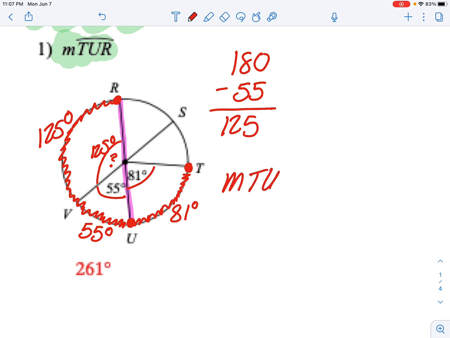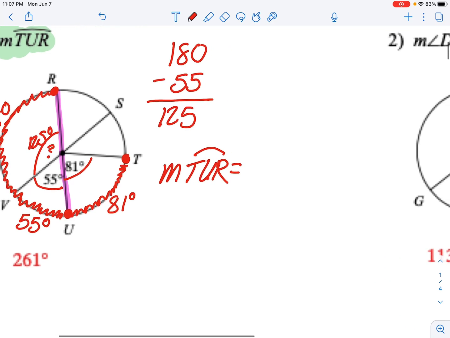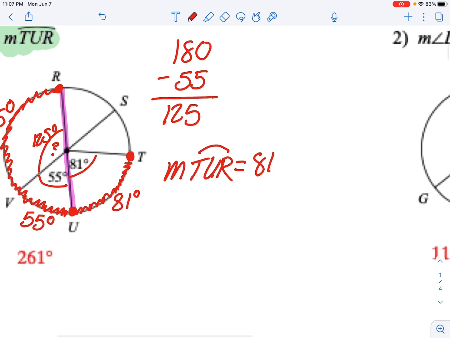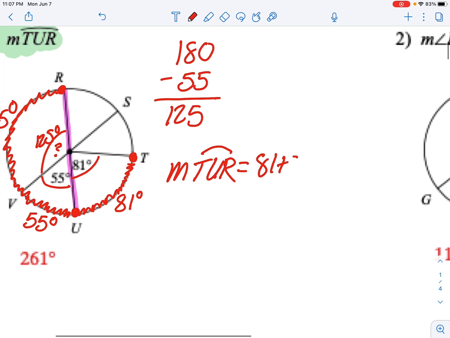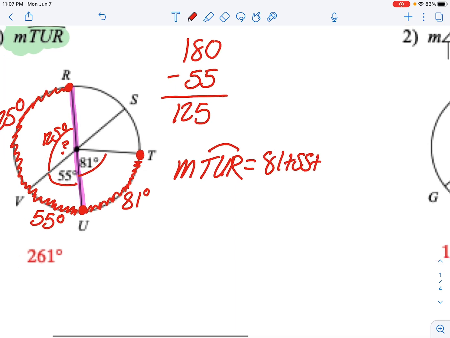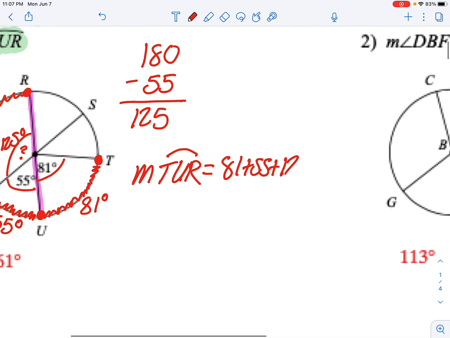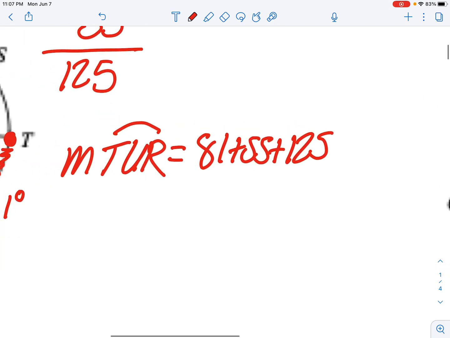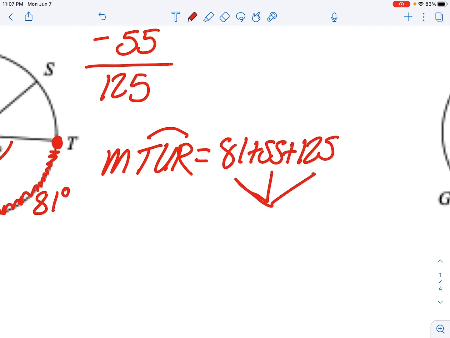So measure of arc TUR is equal to 81 plus 55 plus 125, right? So these three together will give us our arc TUR.